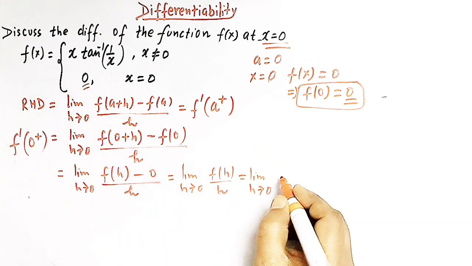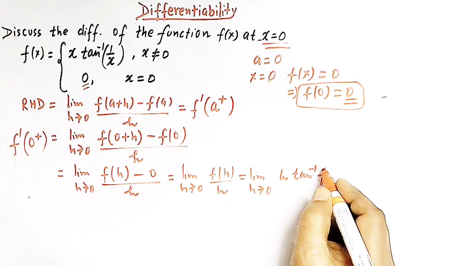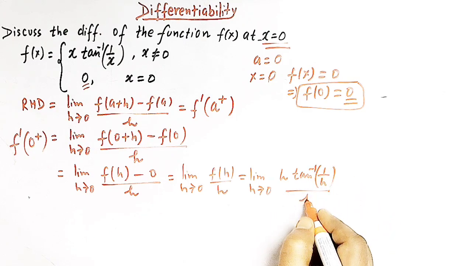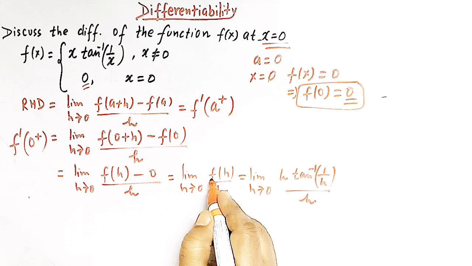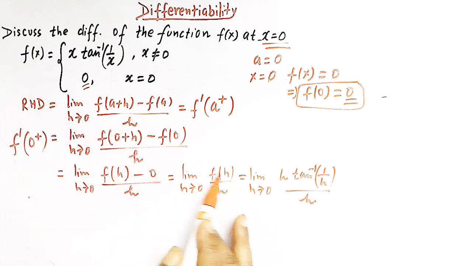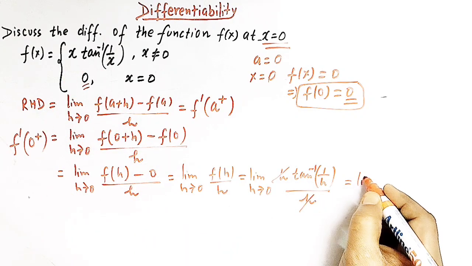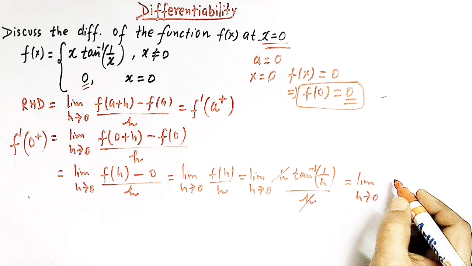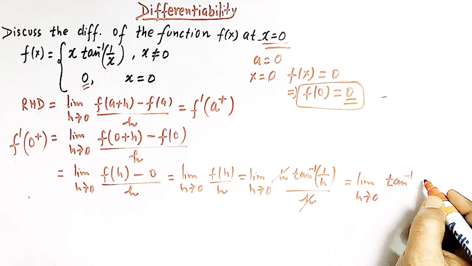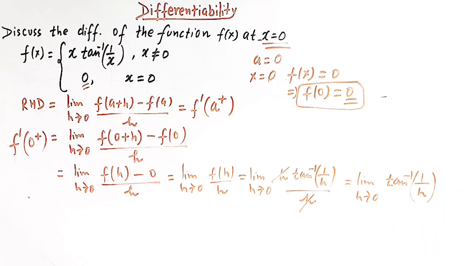So we have here h, then we have tan inverse 1 over h, and here we have h. So f of h is obtained by replacing x by h in this function. So now this h and this h get cancelled. We have limit h tends to 0, and here we have tan inverse 1 over h. So now we have to evaluate this limit.